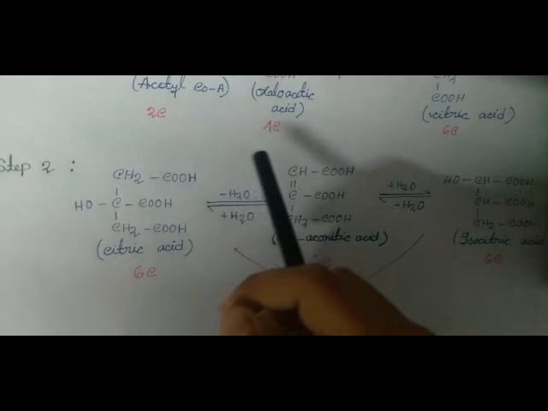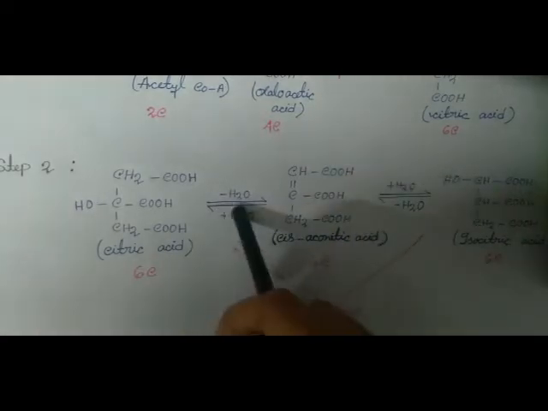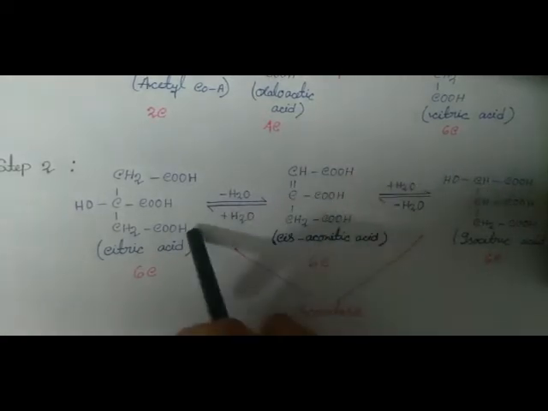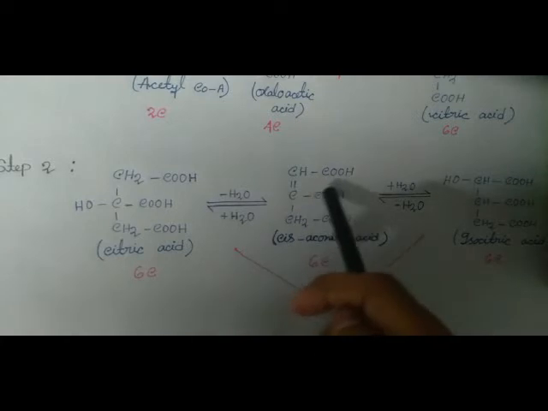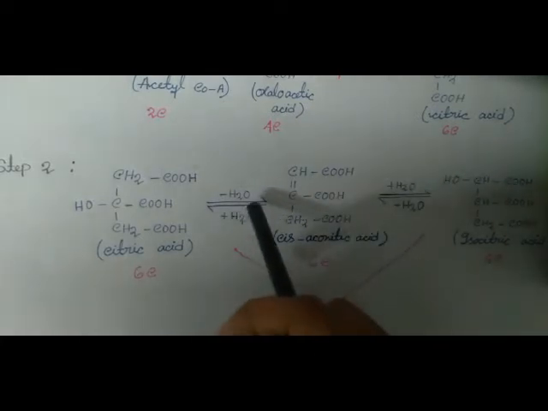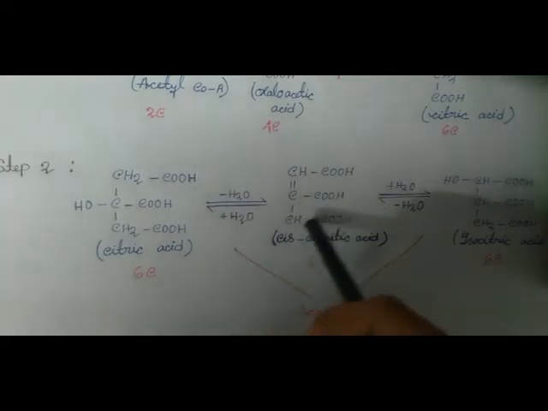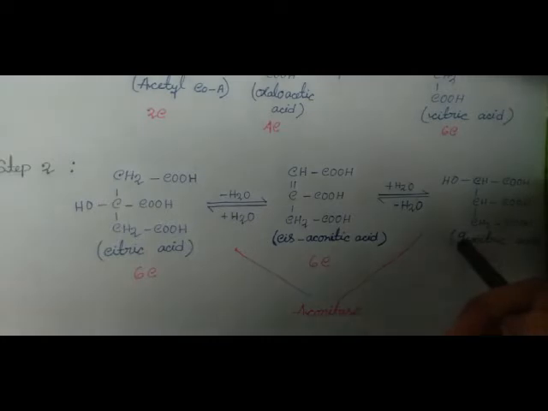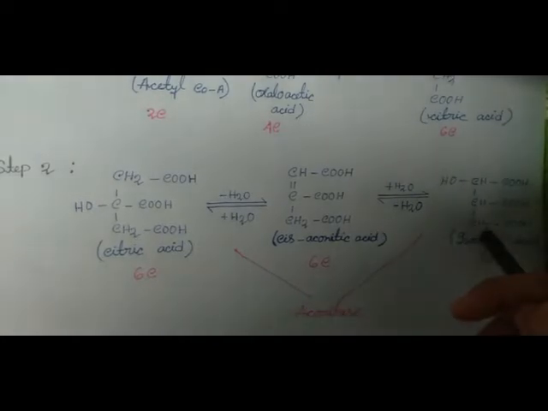Actually, these steps involve a dehydration of citric acid to give rise to cis-aconitic acid, and in this stage, cis-aconitic acid further gives rise to isocitric acid.